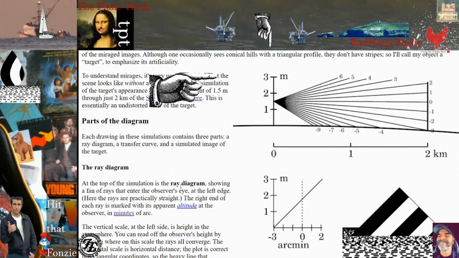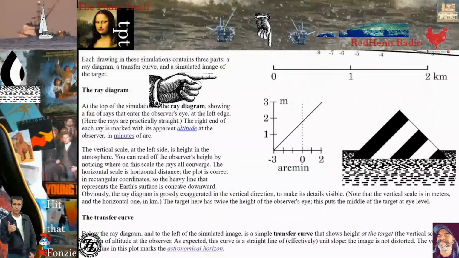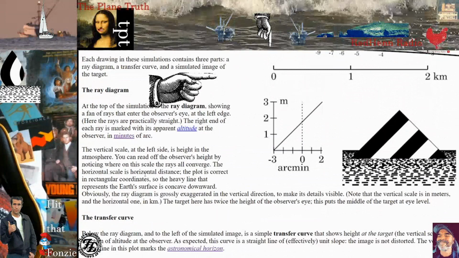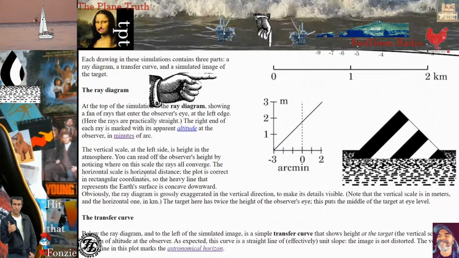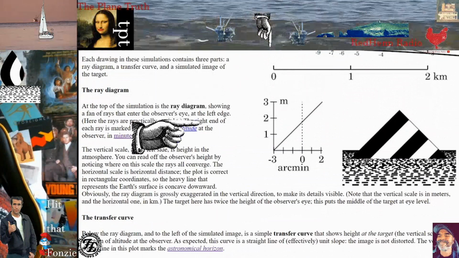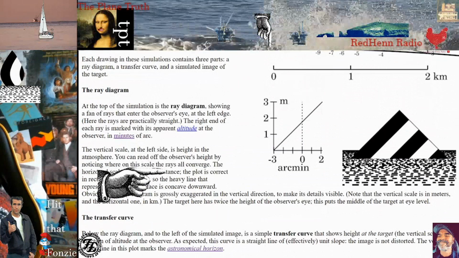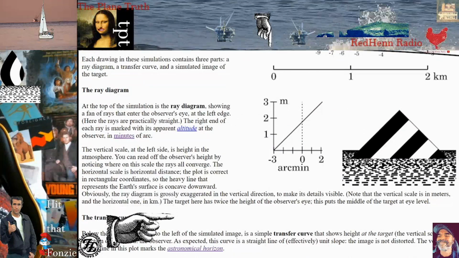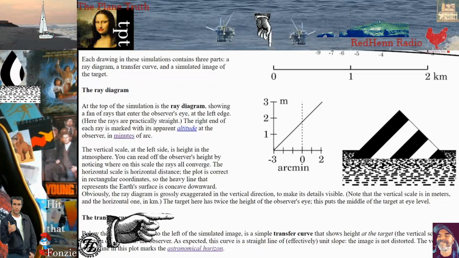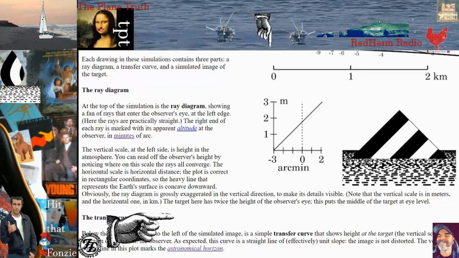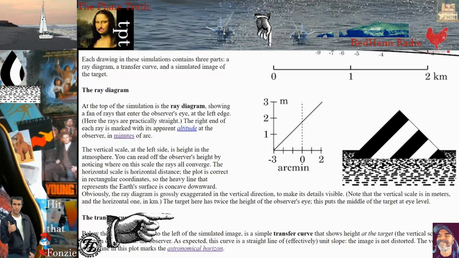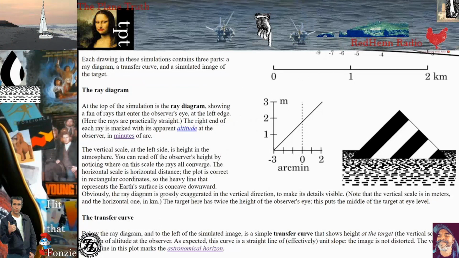The vertical scale at the left side is the height in the atmosphere. You can read off the observer's height by noticing where on this scale all the rays converge.